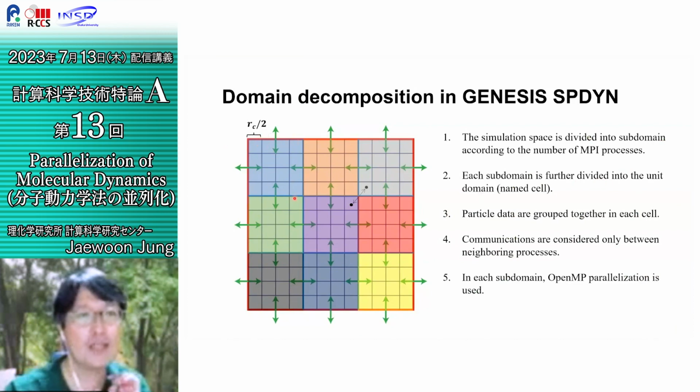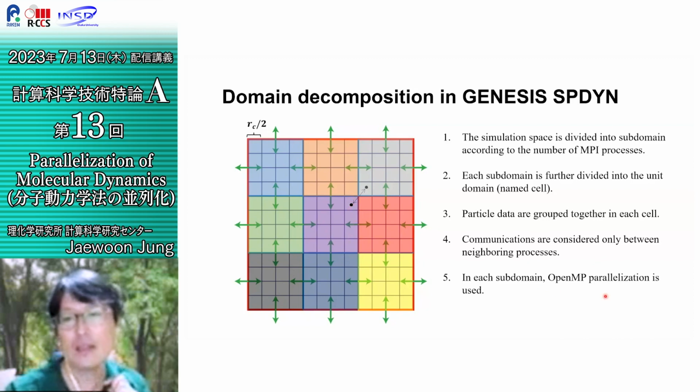Each subdomain here has 16 cells, and the size of each cell has a threshold value. We are considering communication only between neighboring processors. Between this and this processor, we consider communication of only this one. We don't need to consider communication of other cells. We consider communications only with the adjacent cells of this boundary.